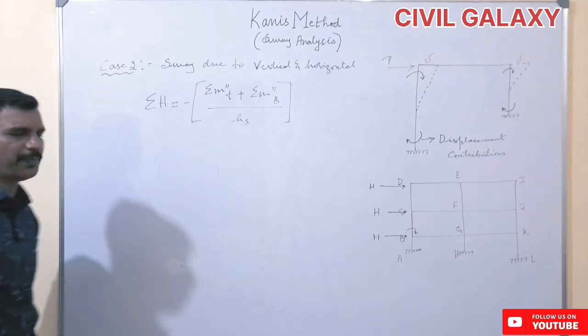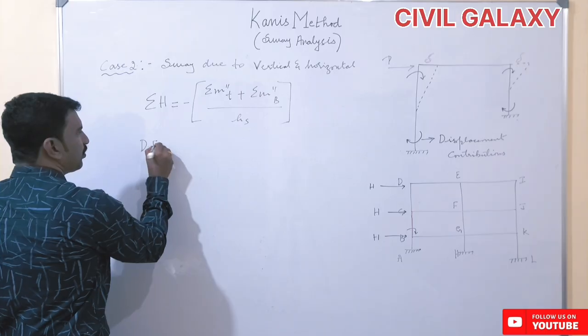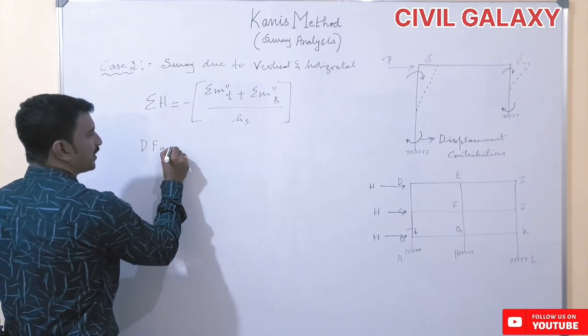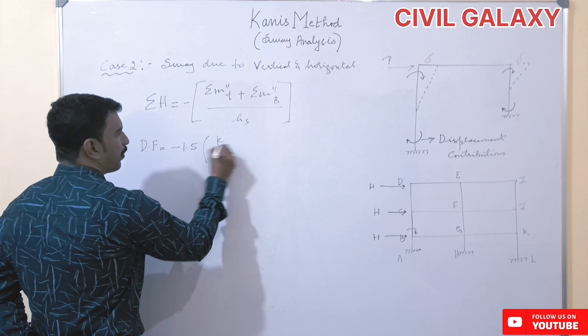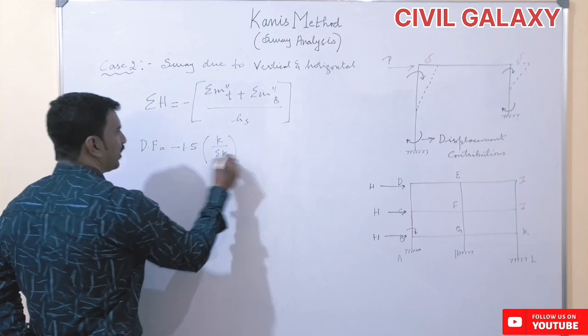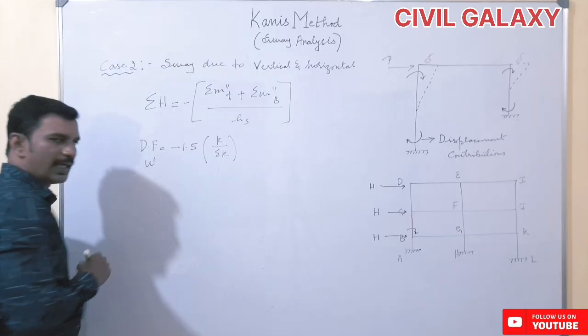This remains the same, and the displacement factor also remains the same, that is minus 1.5 into K upon sigma K.